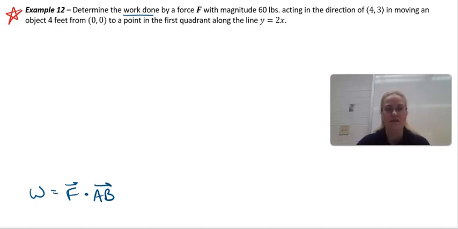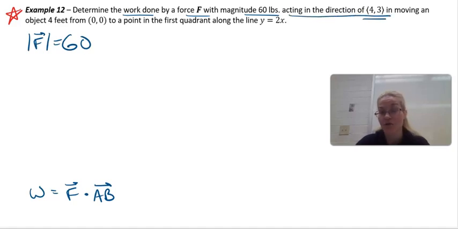Determine the work done by a force F with magnitude 60 pounds. So I know that the magnitude of F is going to be 60, and it acts in the direction of 4, 3.